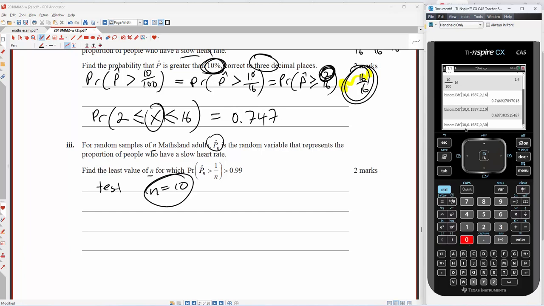So this is 2 out of 30, 3 out of 30, 4 out of 30, and I'm just seeing whether the probability of that is 0.99 or more. Getting closer. Nearly there. Let's go up to 40 and see what happens.